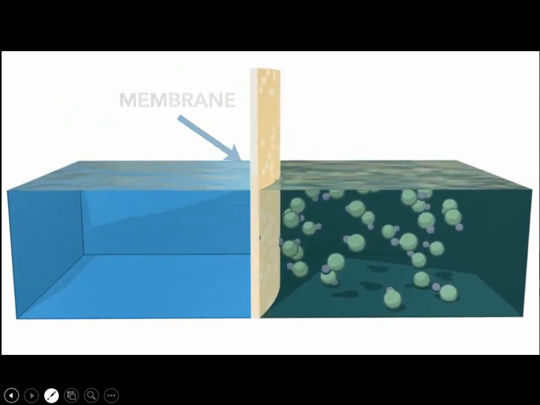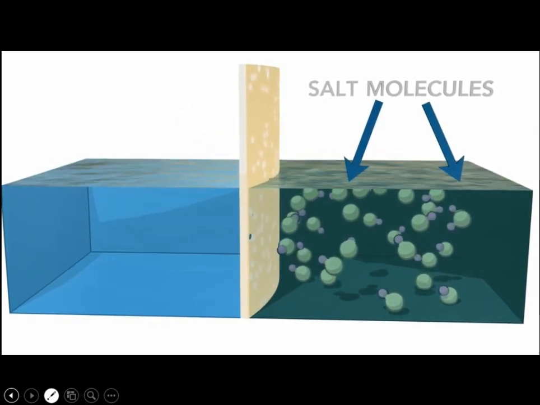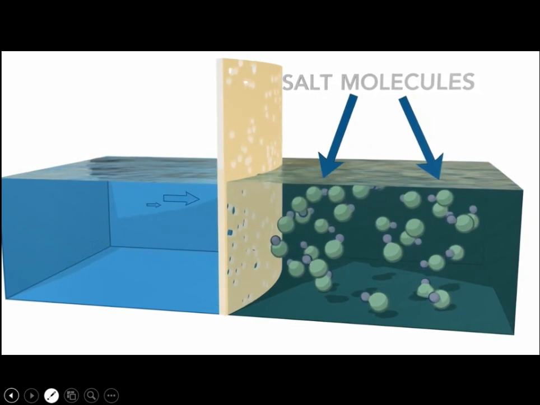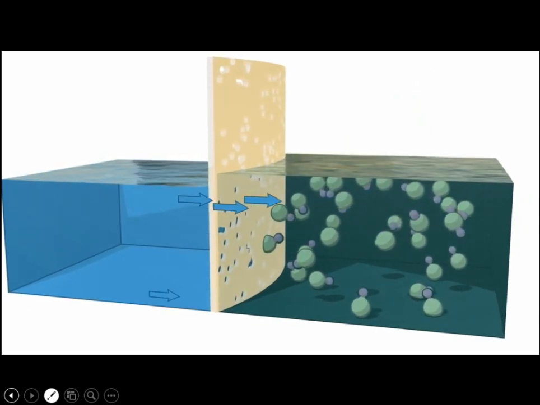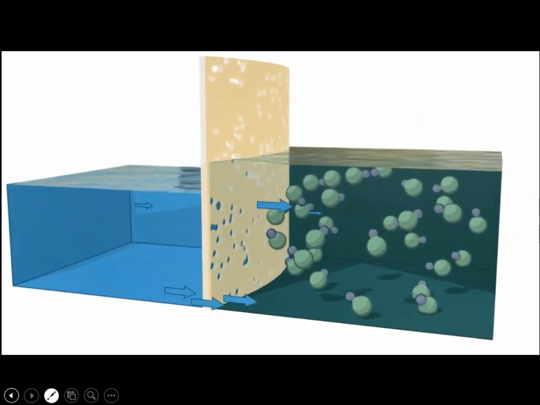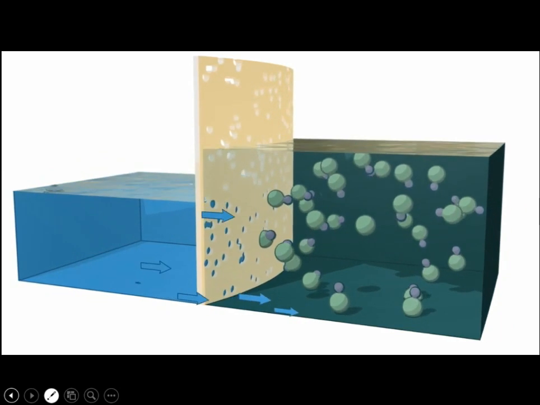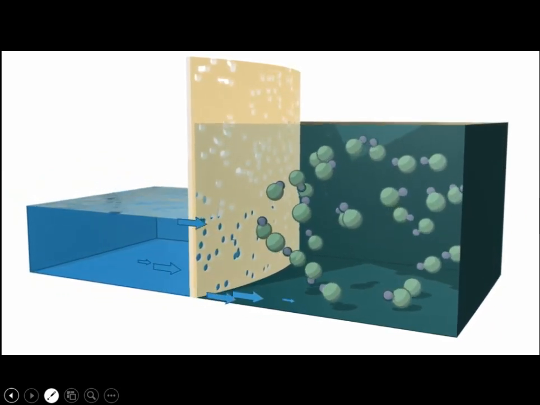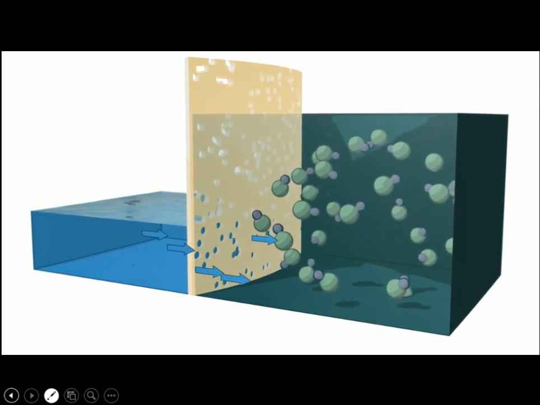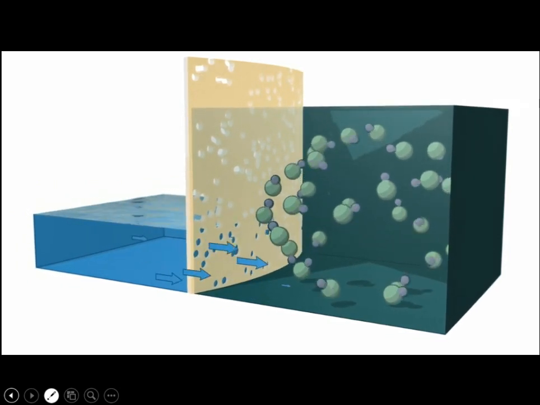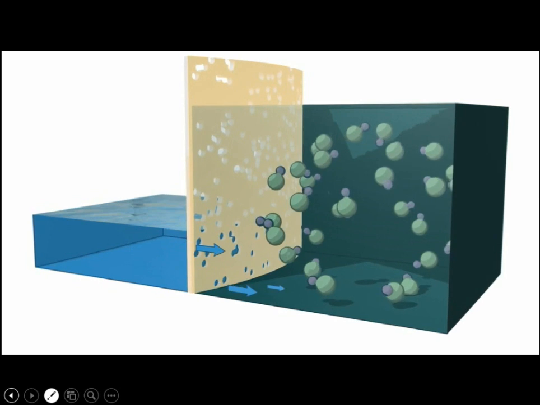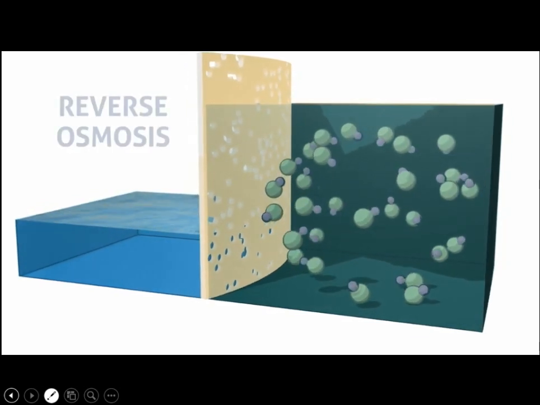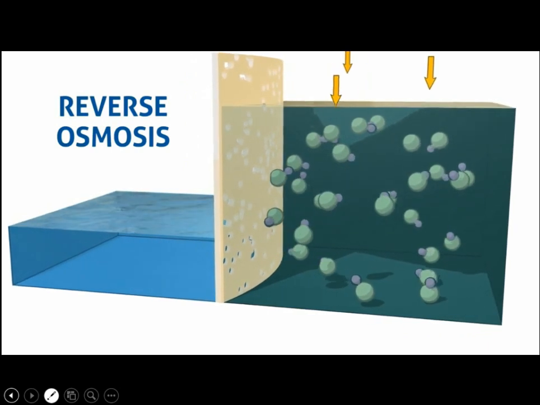So you have a membrane, and then on the other side you have salt molecules. As it is known from your life science, water tends to move from a low concentration to a high concentration, right, until an equilibrium is established. So these salts, they cannot pass to the other side because this membrane is big, right?